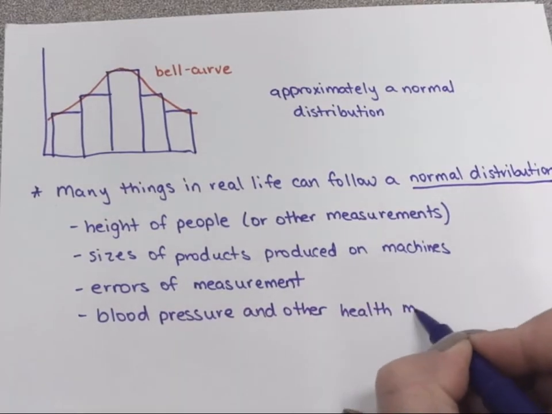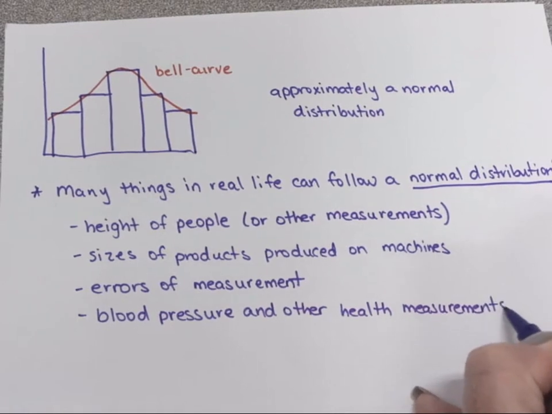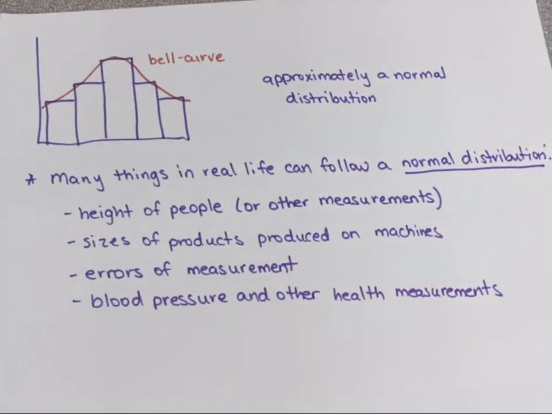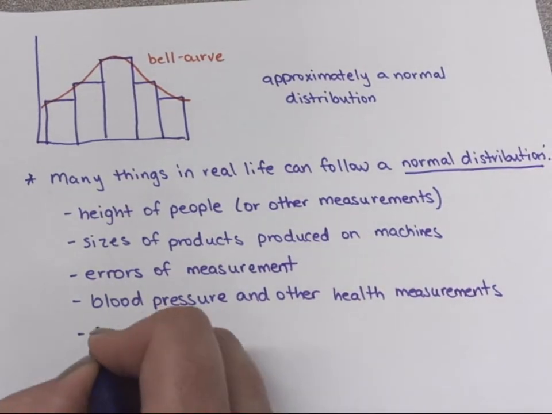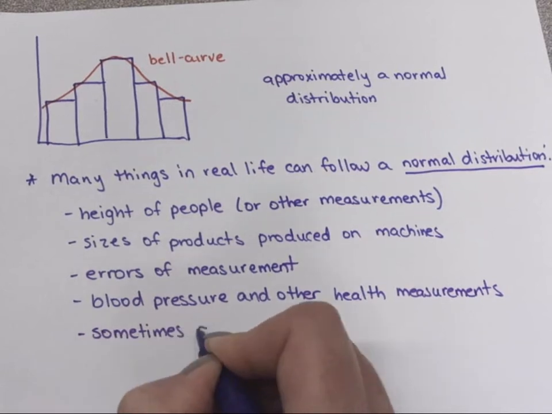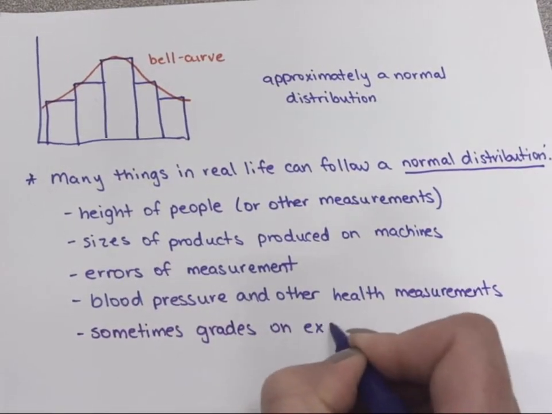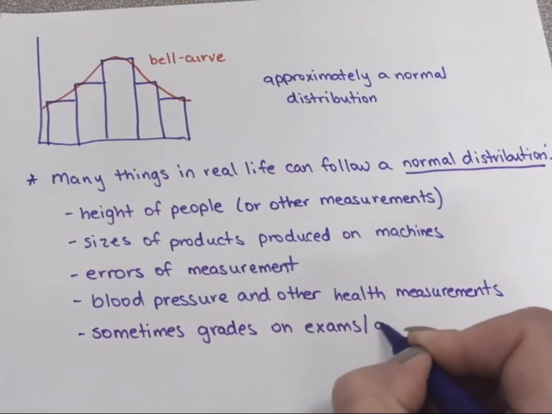Other things are like blood pressure and other health measurements. So how your doctor decides whether you have concerning numbers is there's an average, right? And the further you get away from the average, the less and less likely that is. And then, sometimes grades on exams and assignments can follow a normal distribution.